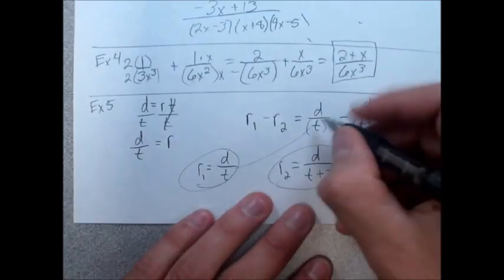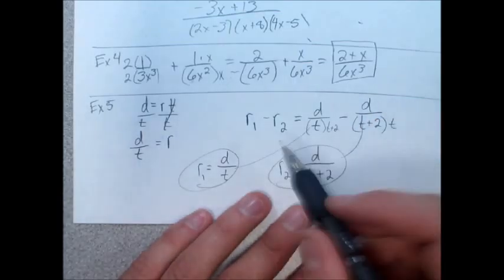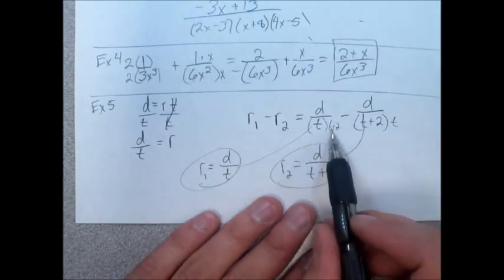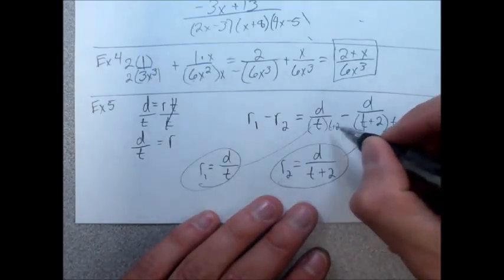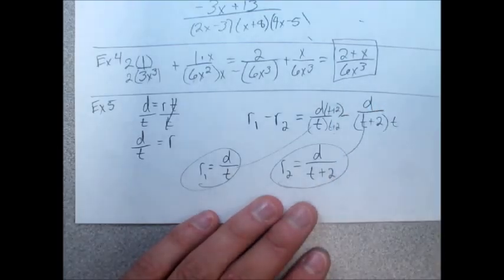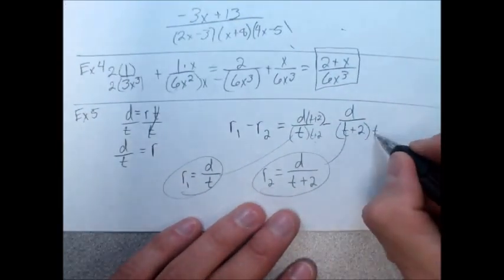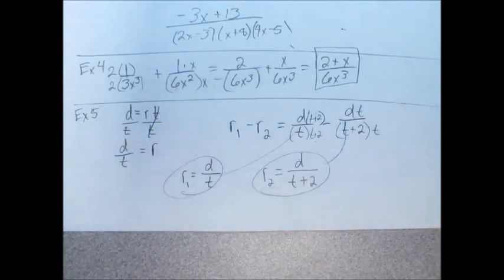So this one needs a t plus 2, and this one needs a t, because they don't have that. So our common denominator is t plus 2 times t. So since this one got a multiple of t plus 2, I must also give that to the top. So that one gets a t plus 2 up top. And since this one got a multiple by t, I'm going to also do that to the top.